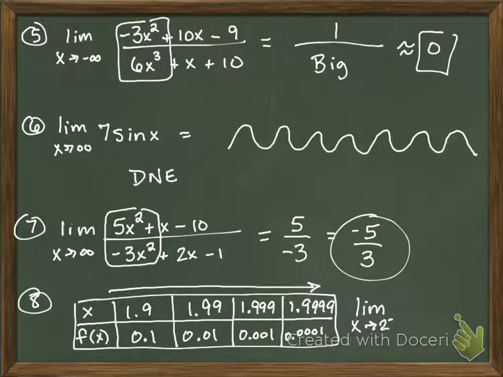So I'll put that little minus next to 2. And what is the limit as x approaches 2 from the left of my graph? It's going to 0 because these are getting closer and closer to 0 as we go.